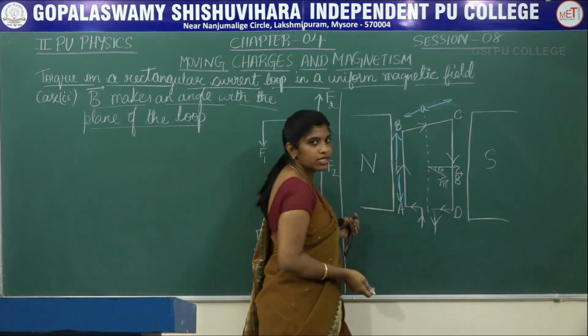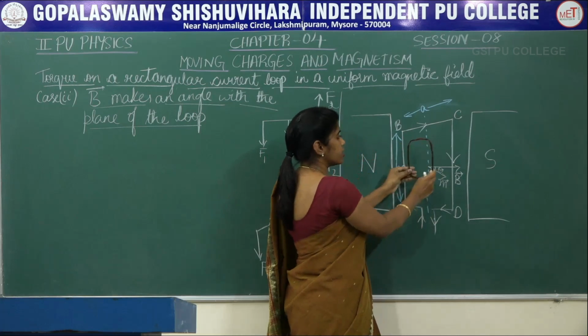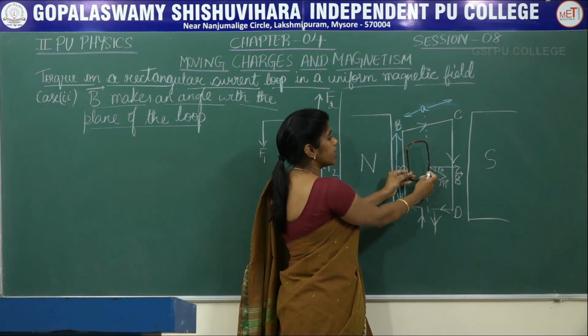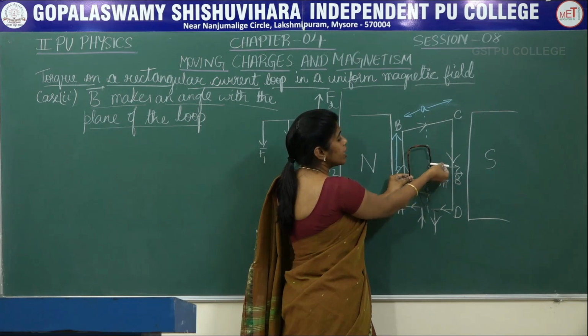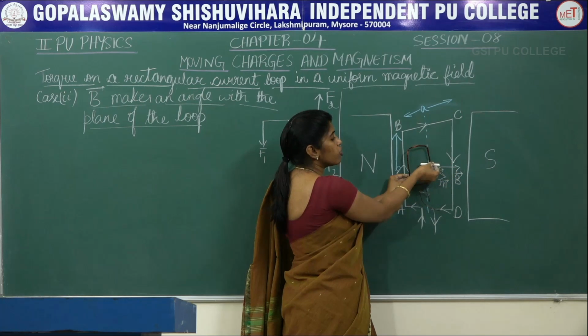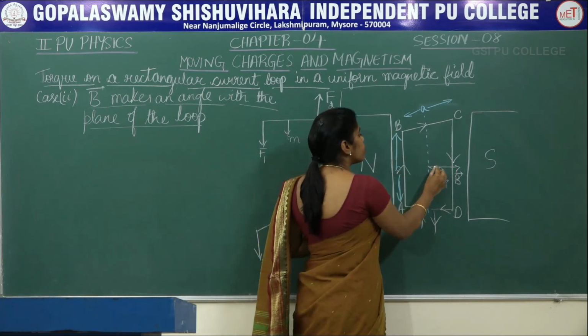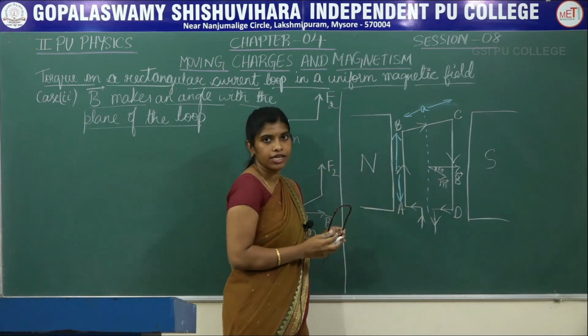Therefore, I have shown this here. The loop has been tilted. The loop which was like this is being rotated a bit like this. Now the magnetic field is in this direction, but the plane of the loop has been rotated a bit. Therefore, they both are going to make an angle theta.